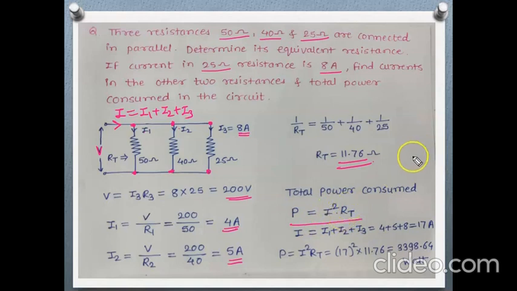Here we want total power, so we have to take total resistance and total current. So I is I1 plus I2 plus I3, which is 4 plus 5 plus 8, that is 17 ampere. Putting the values of I and RT, 17 square into 11.76 will be 3398.64 watt. This is the required total power consumed in the circuit.